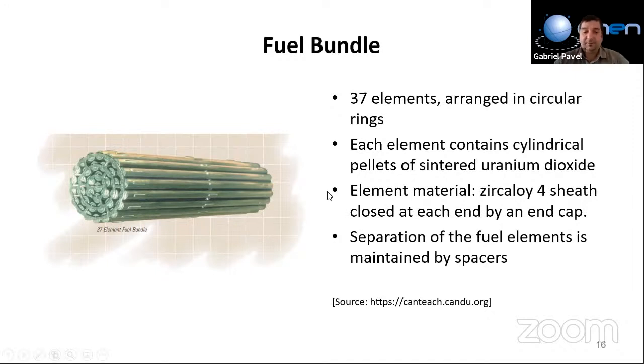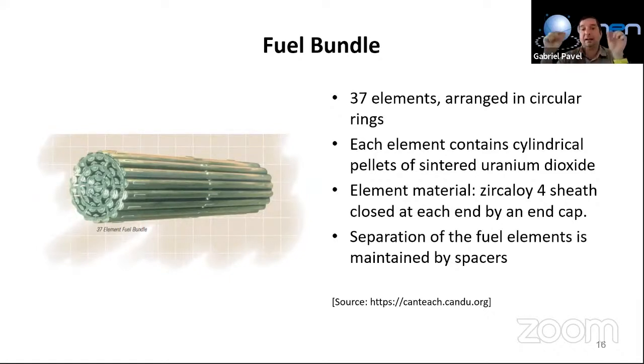Another piece of information: you have here the sheath material, which is zircaloy 4. It's an alloy in which zirconium brings its properties to the table and gives the fuel bundles some special characteristics.